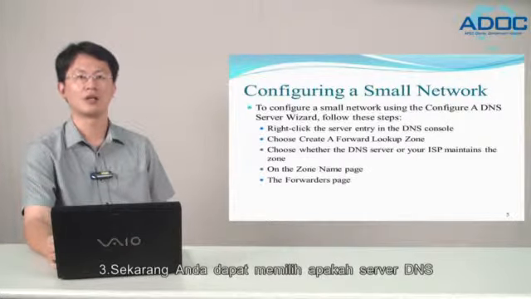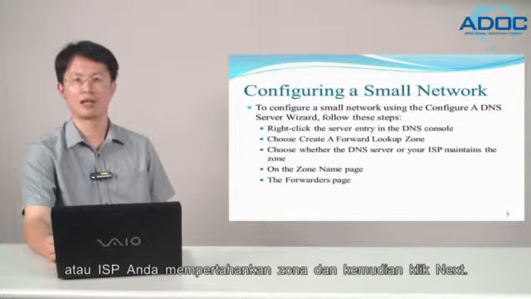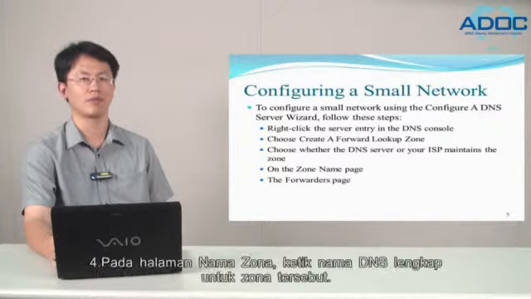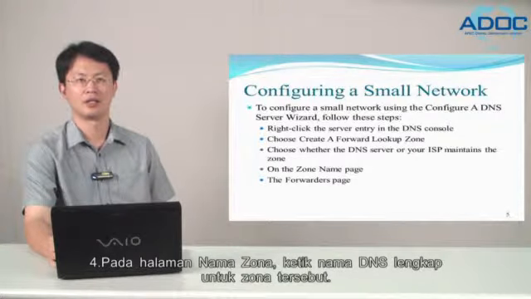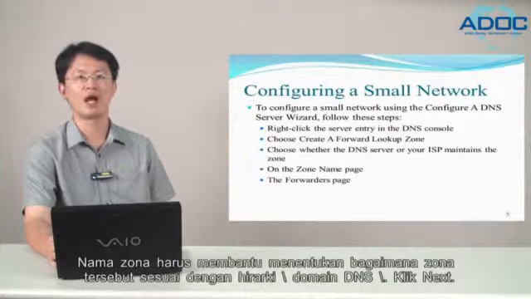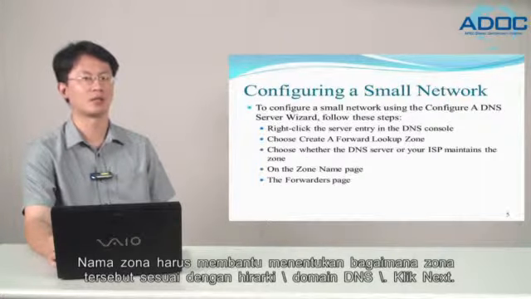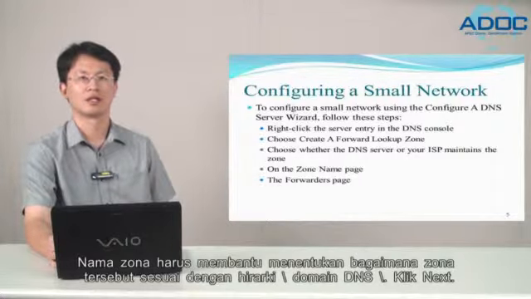Third, you can now choose whether the DNS server or your ISP maintains the zone, and then click Next. Fourth, on the Zone Name page, type the full DNS name for the zone. The zone name should help determine how the zone fits into the DNS domain hierarchy. Click Next.